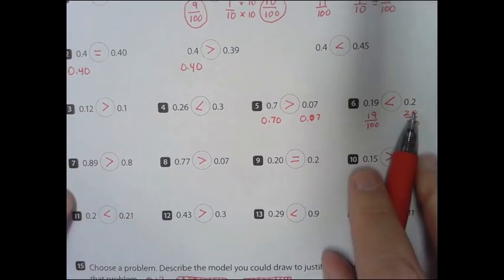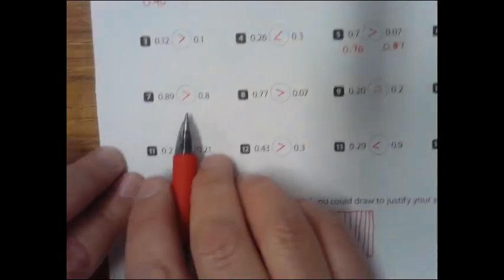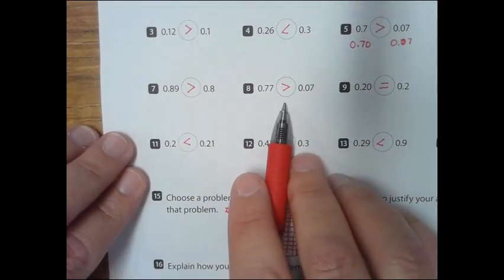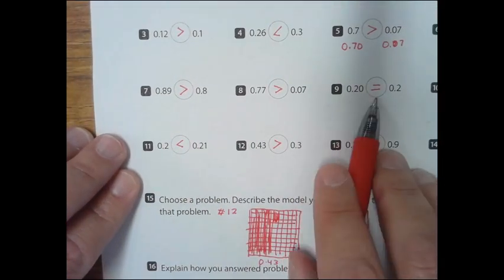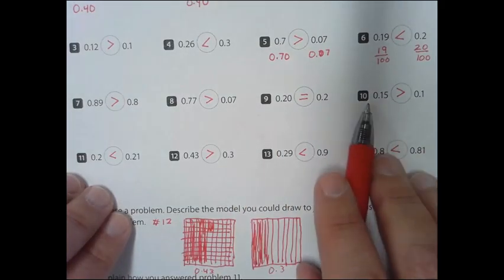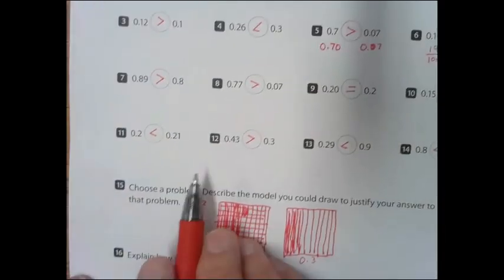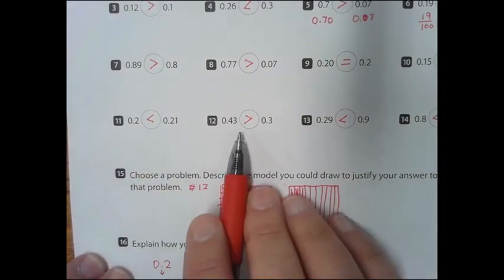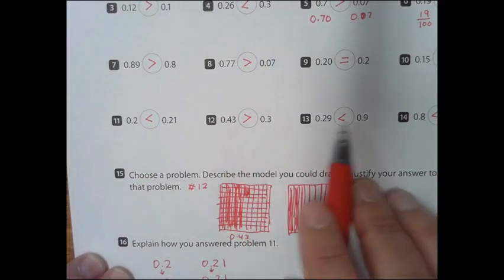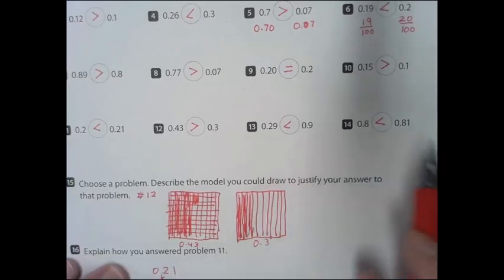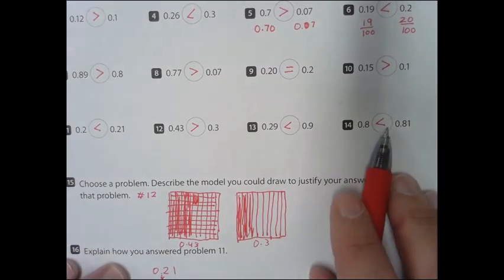So this one just is a little bit larger. Okay, so number 7 is greater than, 8 is also greater than, 9 is equal to, 10 is greater than, 11 is less than, 12 is greater than, 13 is less than, and 14 is less than.